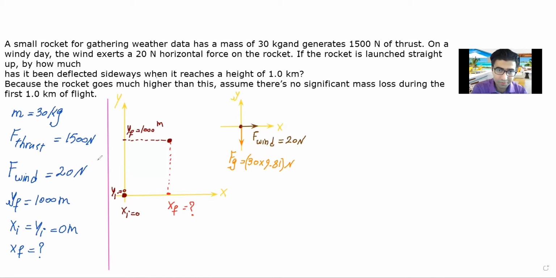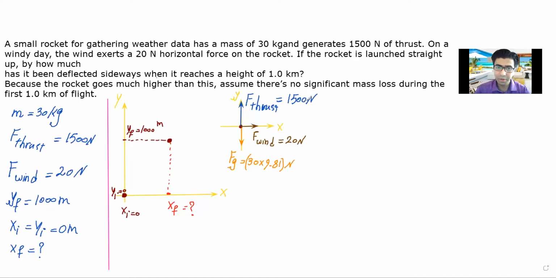And also we have a thrust force upward, so that would be something like this. And the magnitude of the thrust force should be bigger than the gravitational force, because we know that the rocket accelerates upward. So this is F thrust equals 1,500 newtons.